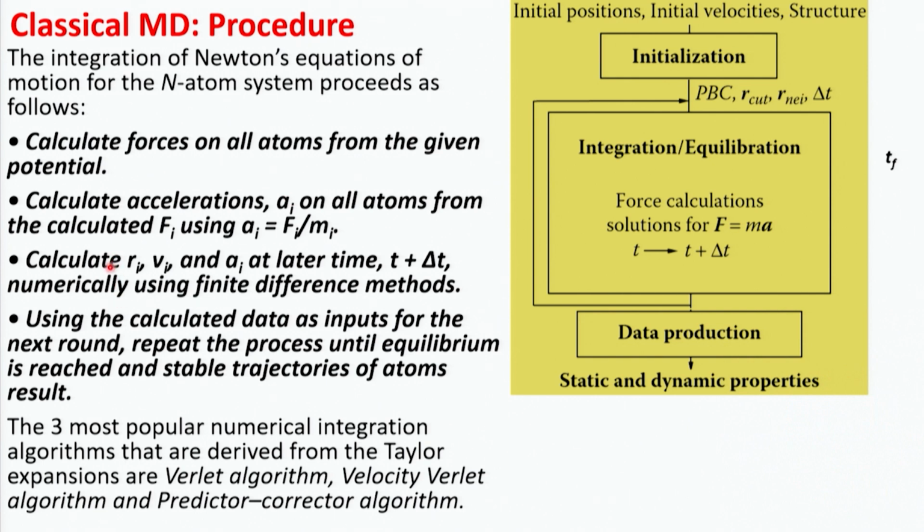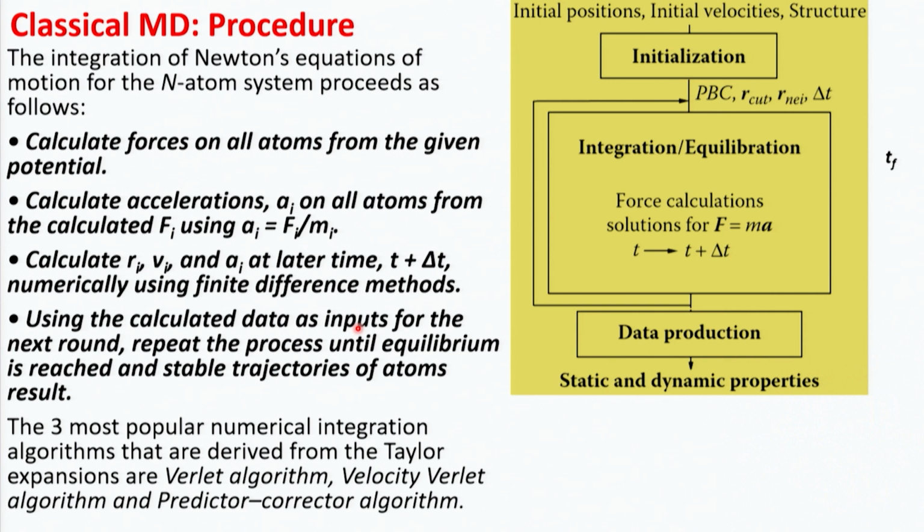So we can calculate the Ri, Vi and Ai, where Ri denotes the position of a particular atom i, at a later time, t plus delta t, numerically using these finite difference methods. And using the calculated data as input for the next round, repeat the process until equilibrium is reached.